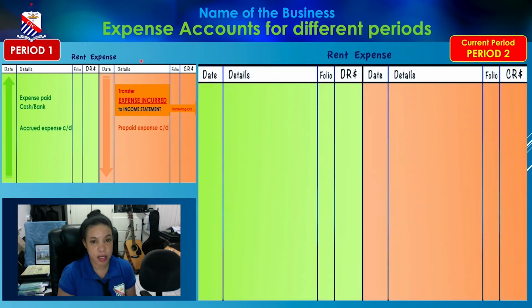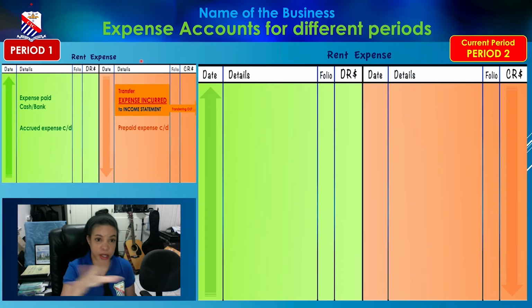And then we come to our second period, and for now we're going to use another account. So we open the same rent account for the other period just to show how the different periods are affected.